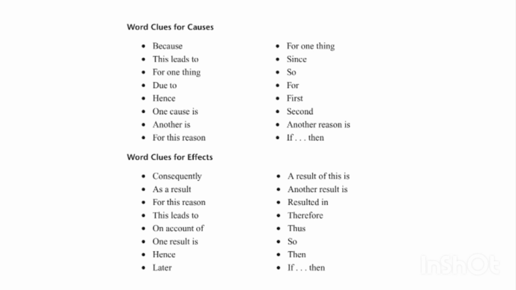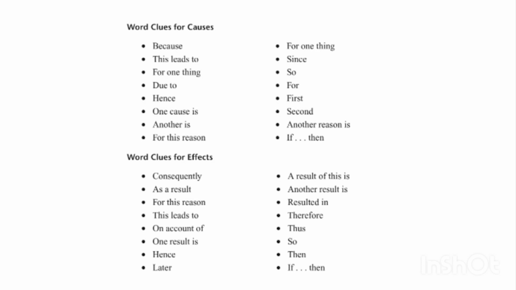So if you're reading that bats love caves because it is dark, and then an effect could be as a result of loving the darkness of the cave, when bats see light, they fly away.